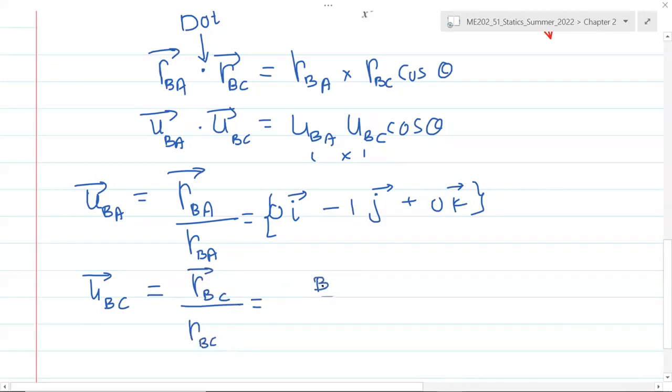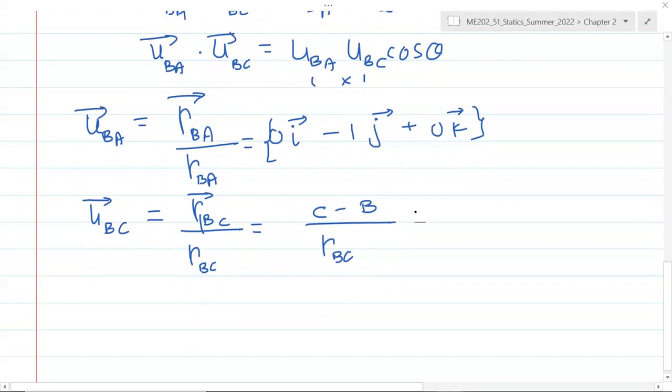And this is nothing but coordinates of point C minus coordinates of point B. Remember, it's always head minus tail. So it's C minus B divided by r_BC. So if it is BC here, then it is C minus B. B is the tail of the vector and C is the head of the vector.